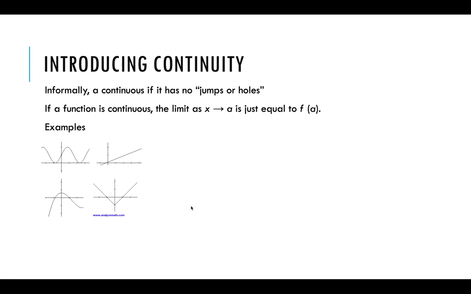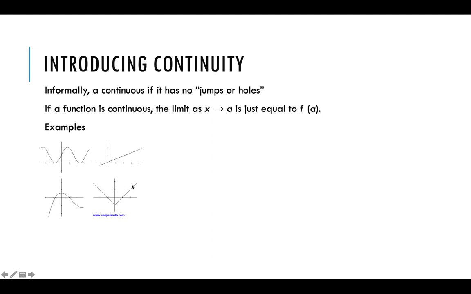With 2.1, we're just going to introduce an idea of continuity. Informally, a function is continuous if it has no jumps or holes. Here we've got examples of nice, smooth functions that continue from one side of our graph to the other without having any holes or asymptotes.